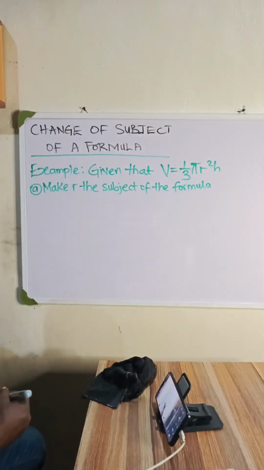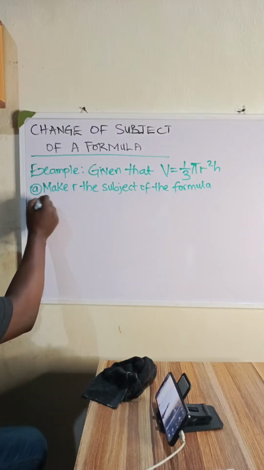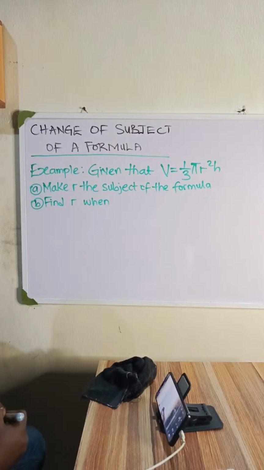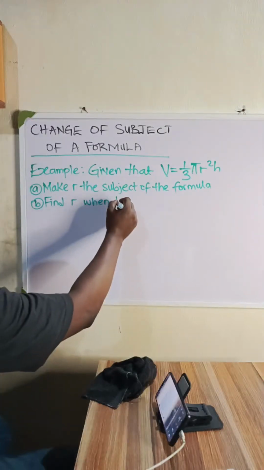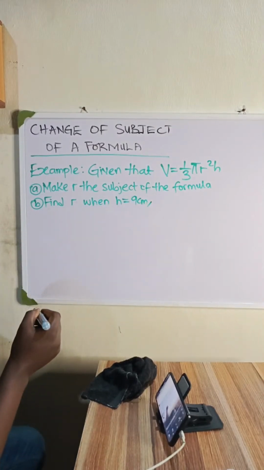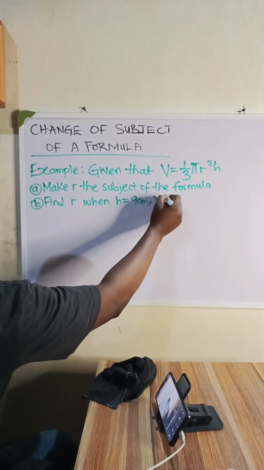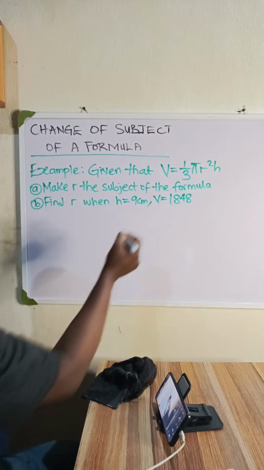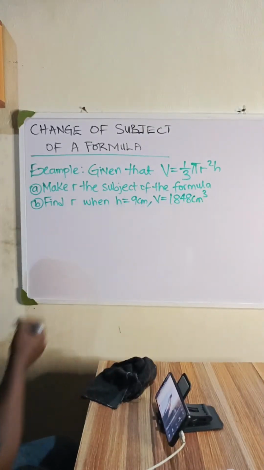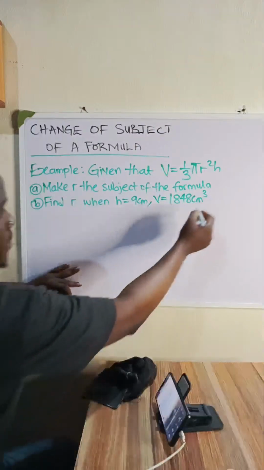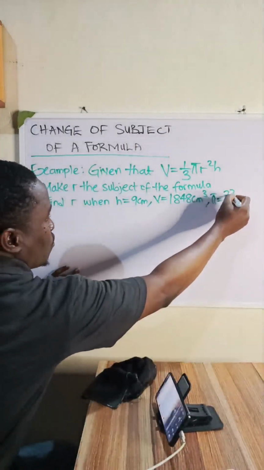And the second question is, find R when H is equal to 9 centimeter, V is equal to 1848 centimeter cube, and pi is equal to 22/7.